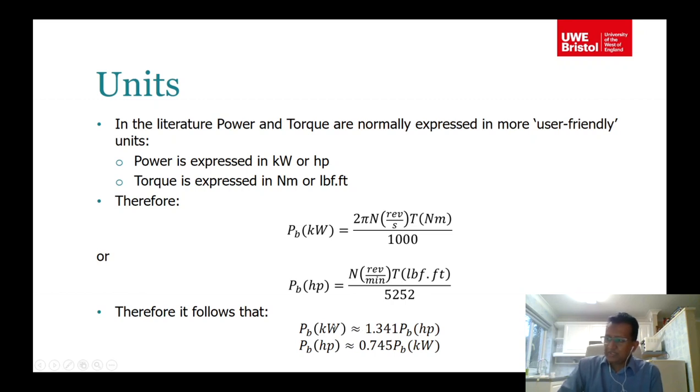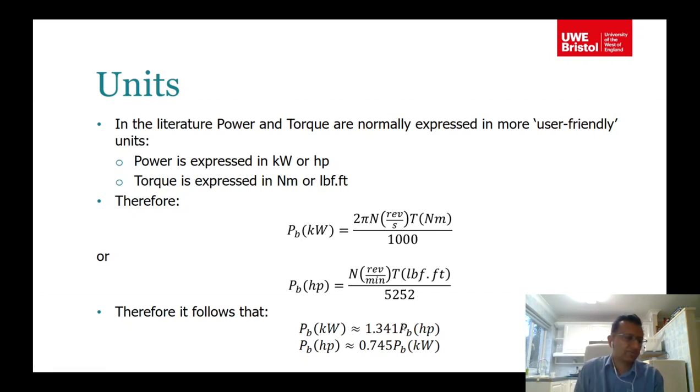1 kilowatt is about 1.3 horsepower, and 1 horsepower would be about 0.75 kilowatt. That is just to see.